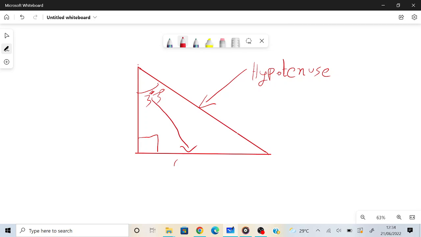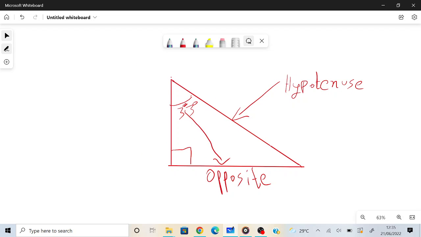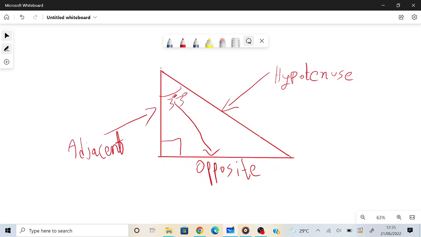So this is your opposite. And then there's only one side left of the triangle, and that side is known as the adjacent. Not sure if this is the right spelling, but it is known as the adjacent.